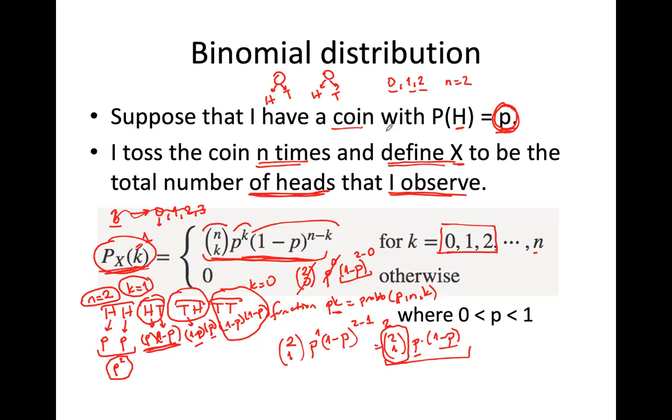So how many no heads cases do I have? Only one, right? The all heads case is also one. That's why I say 2 combination 0 or 2 combination 2 is 1. So for the two edges, no heads and all heads, there is only one possible outcome like that.